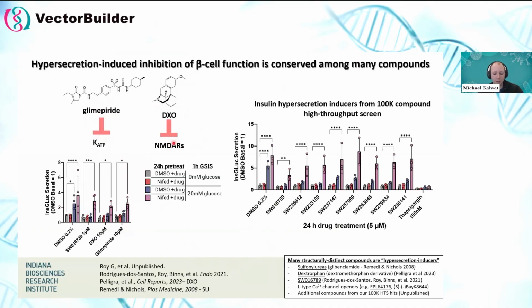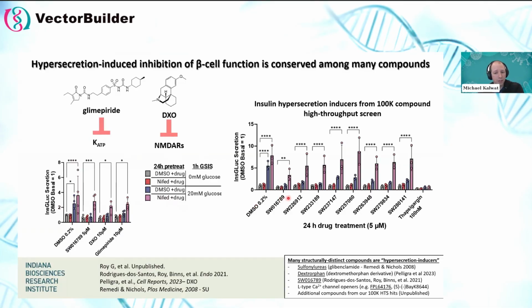It can inhibit these NMDA receptors and drive insulin secretion as well. If you treat cells chronically with these compounds, it leads to them losing their function the next day. But if you co-treat with nifedipine, you can protect against the loss of function. So here in the purple bars, this is showing the cells' response to glucose being protected by nifedipine.